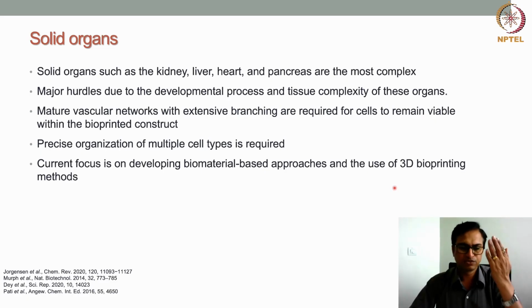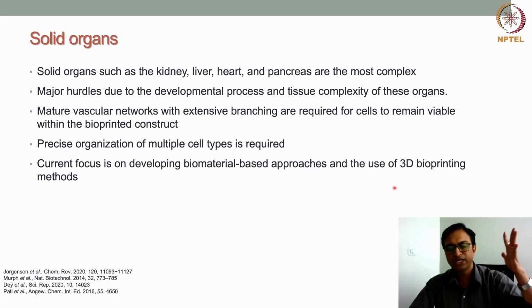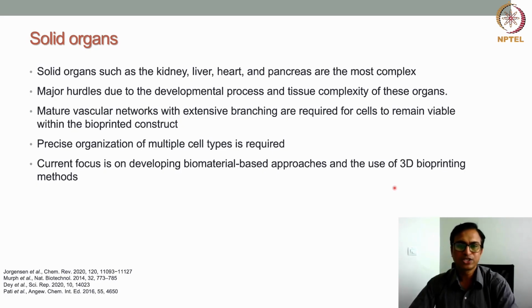Various researchers are working to generate artificial kidney, liver, heart, and pancreas, because these organs are in high demand, and there are end stage failures of these organs, where many patients are waiting for transplants. Many patients can be saved if we can develop these artificial tissues and organs.